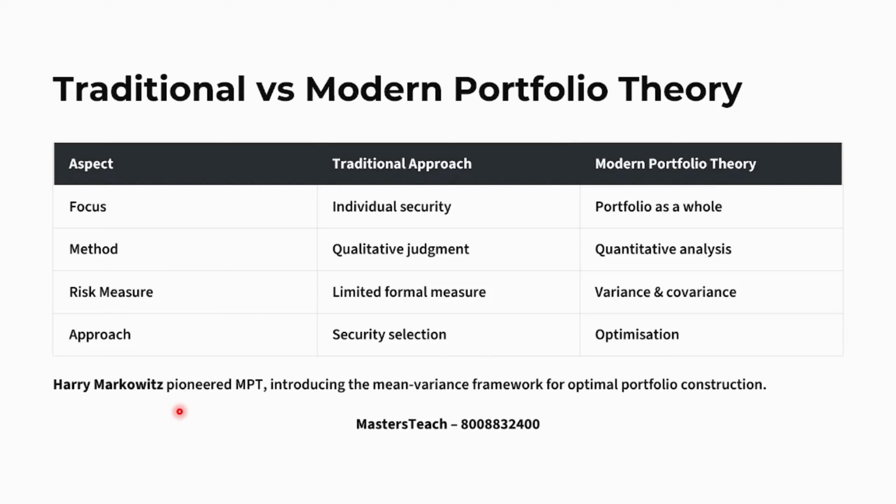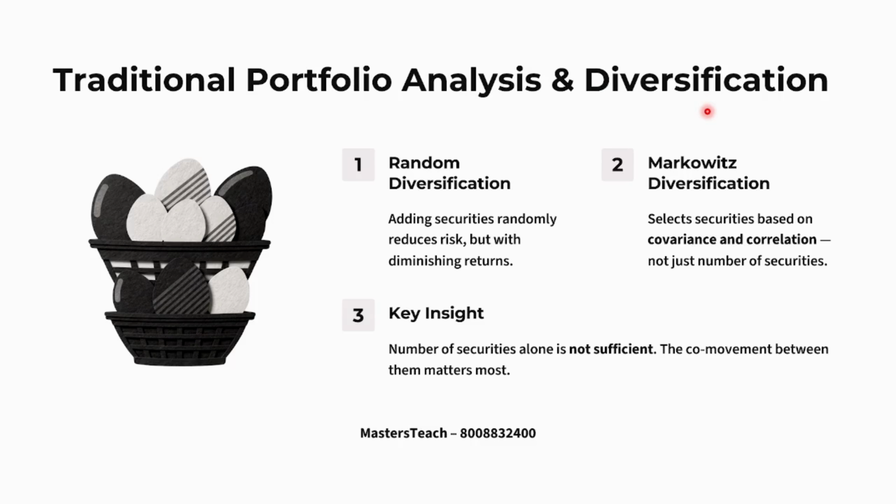Harry Markowitz, what he told about modern portfolio theory: select the securities based on covariance and correlation, not just the number of securities. There are many things when you are selecting different types of securities, and at that time we use covariance and correlation.